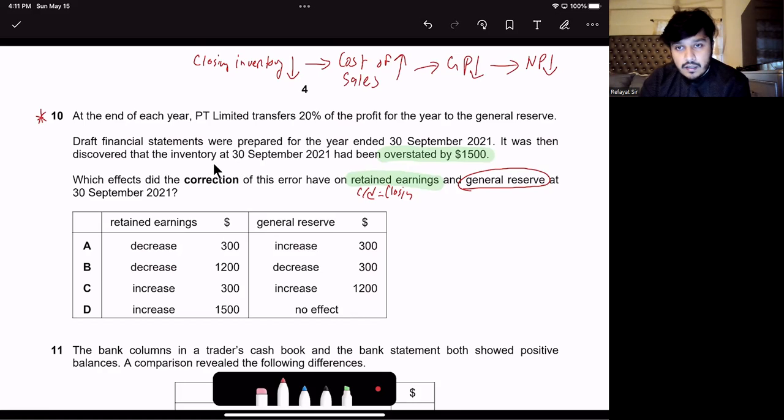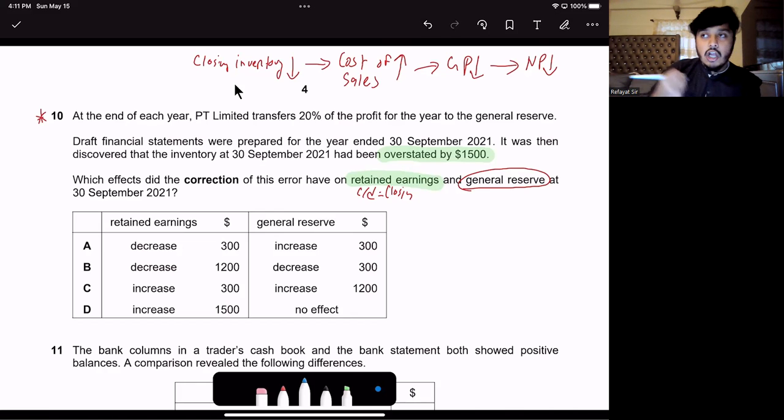Therefore, since closing inventory was overstated by $1,500, overstated means we wrote $1,500 in excess. So closing inventory has been overvalued. Now, if we have overvalued closing inventory by $1,500, we have to lower the value by $1,500.